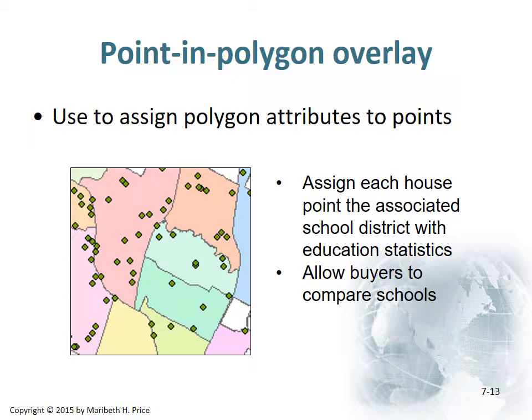So we can, if we needed to, for some reason, we could pull all the education statistics for that district, apply it to each house in the data set, and then if buyers are interested in comparing schools, meaning people that are interested in buying a home, they could click on the individual home point and get the information related to the school district from that.